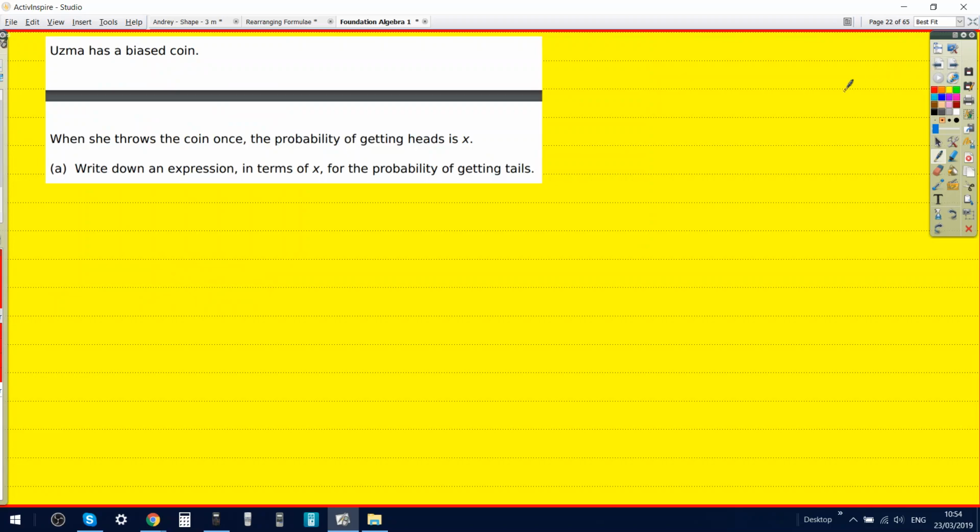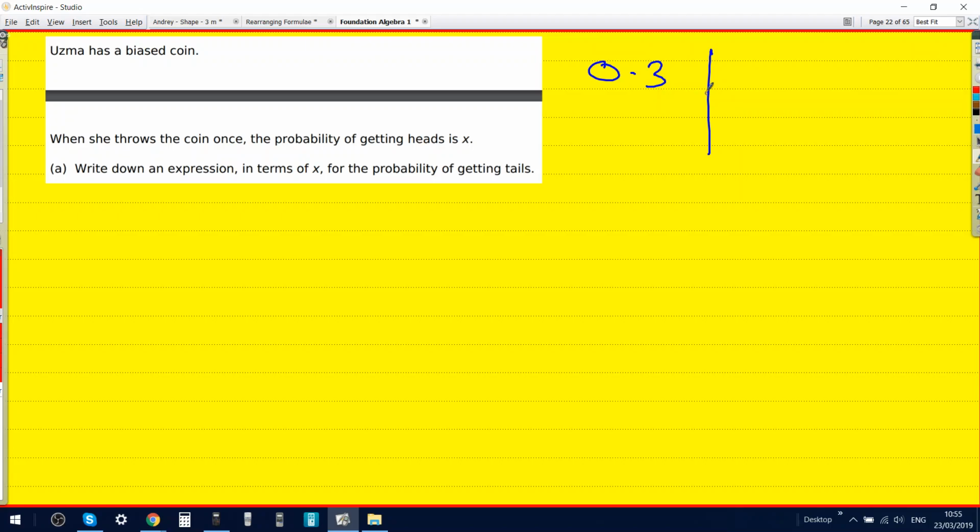Any idea about this strange one? Okay. Top probability again, tails. Coin once. In terms of X for heads. So, would that be? Is that just X to X? No. Expression in terms of X again. So what if it was 0.3?